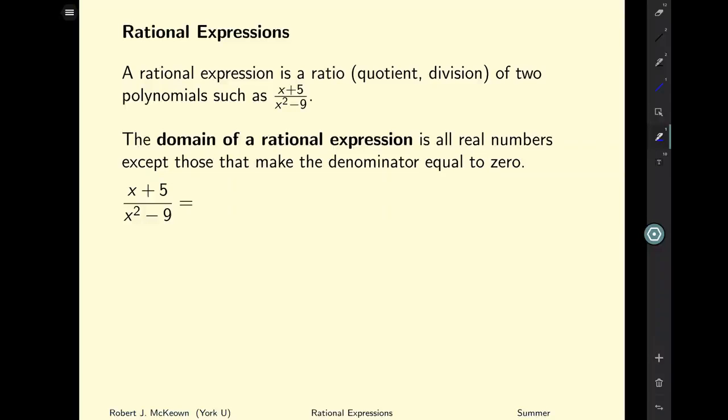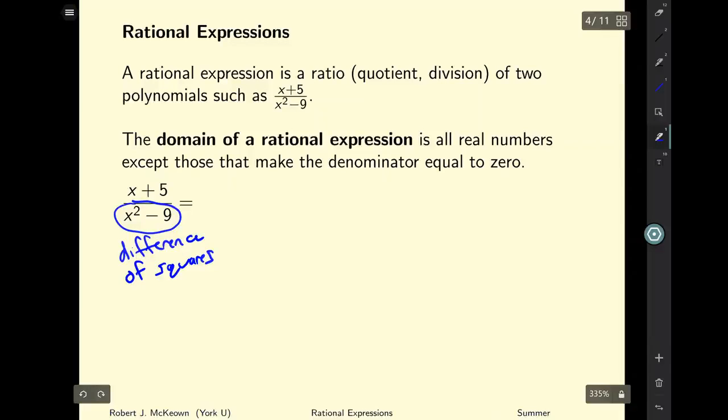We have x plus 5 divided by x squared minus 9. I can rewrite that using the difference of squares. Whenever I see something squared minus something else that's squared, I can use the difference of squares. For example, I'll rewrite this as x squared minus 3 squared, right? 3 squared is equal to 9.